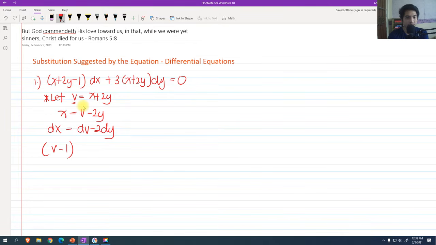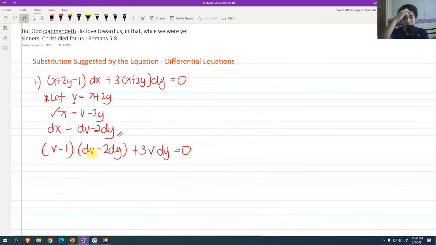And of course, we have to substitute this dx, which we got by differentiating both sides. So our dx will now become dv minus 2 dy, plus we have 3 times x plus 2y again, which equals v, and our dy is as is. Now we have things in terms of v and dv, and in terms of y and dy.